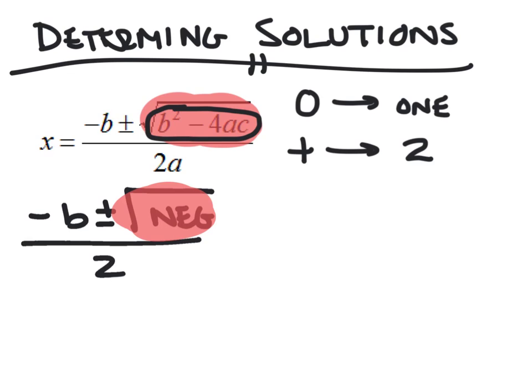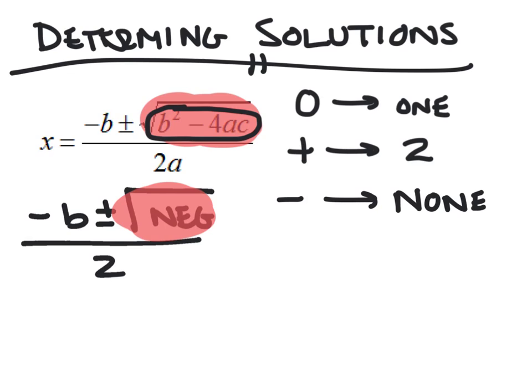When you have a negative value in there, you get no real solutions. None. Because the square root of a negative number does not produce a real answer.